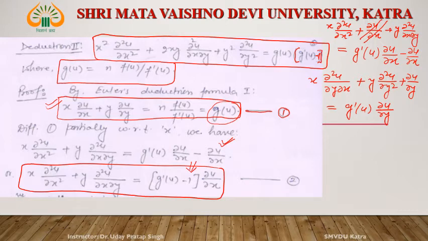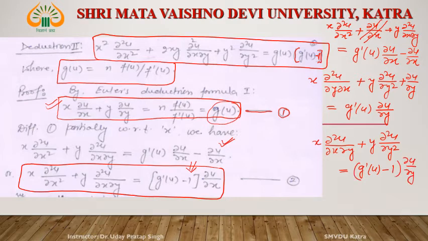After simplifying, we obtain x ∂²u/∂x∂y, since either ∂y∂x or ∂x∂y is the same, plus y ∂²u/∂y² is equal to (g'(u) - 1) ∂u/∂y. This is equation number 3.